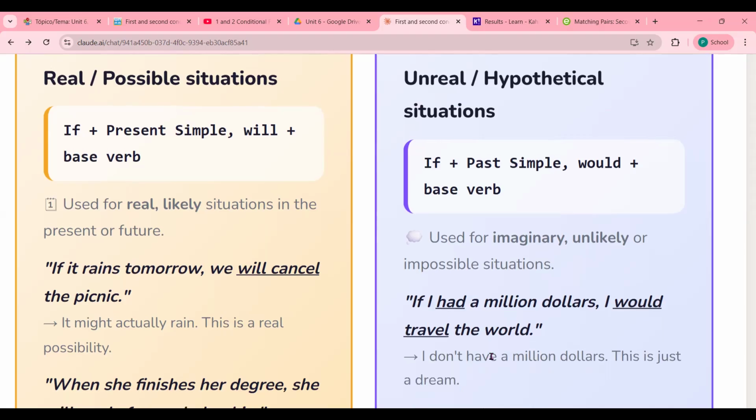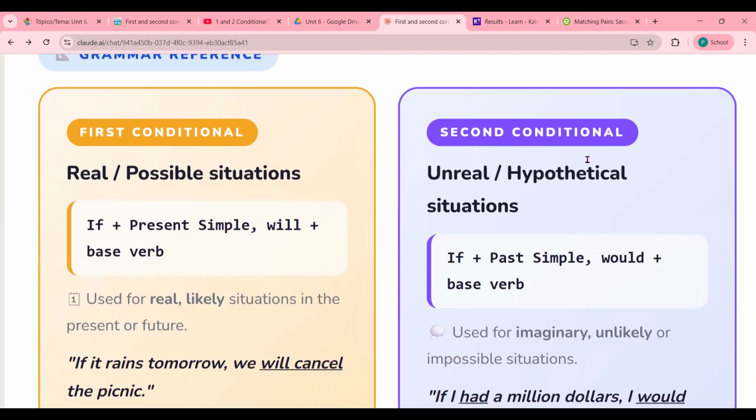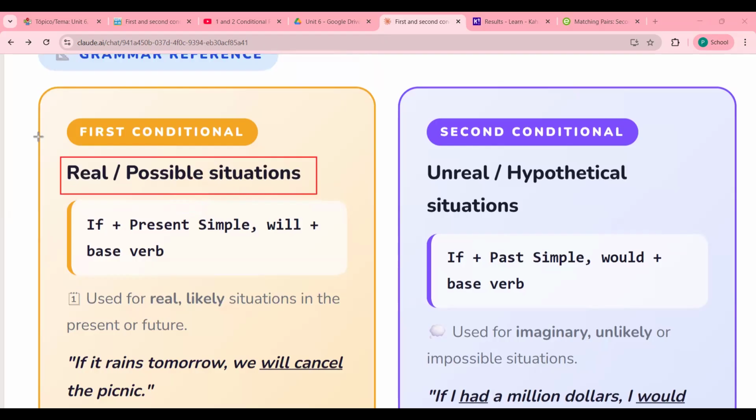So, first conditional versus second conditional. In the first, real and possible situations. The second, unreal or hypothetical.